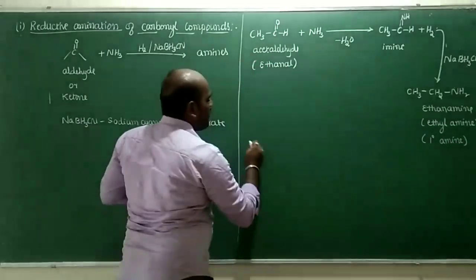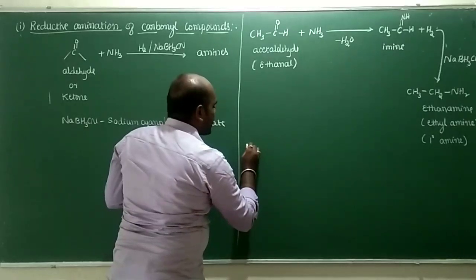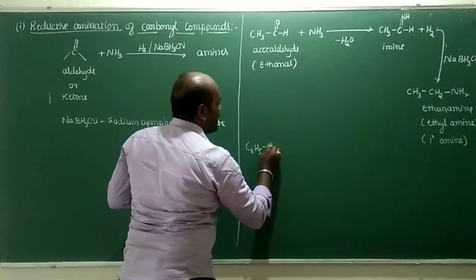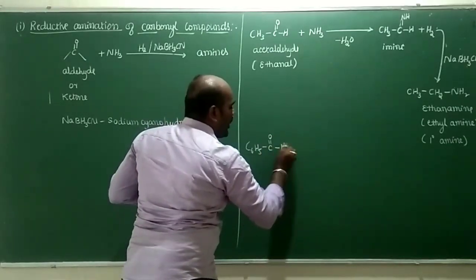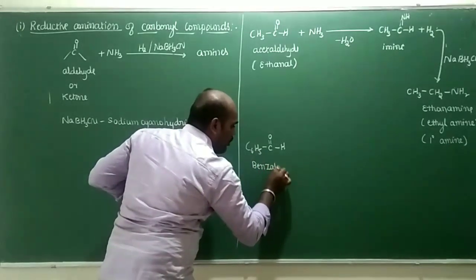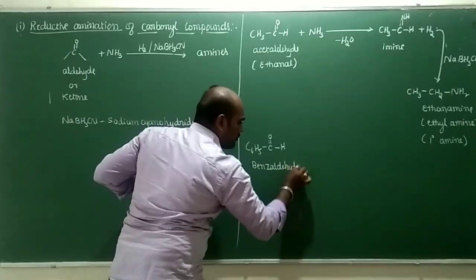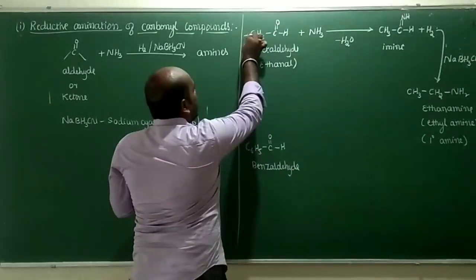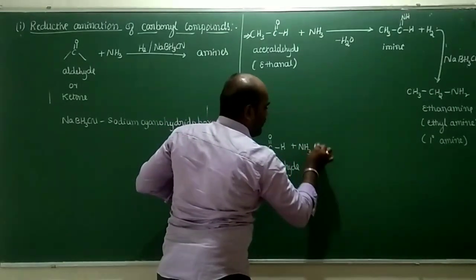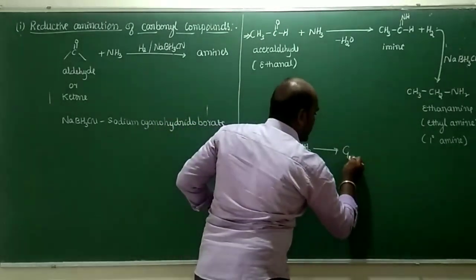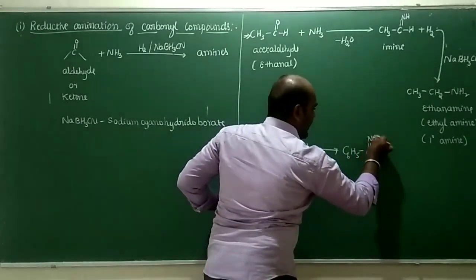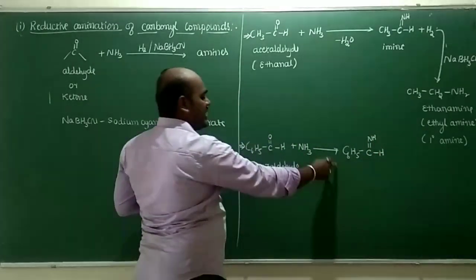So we can go with one more example. Let us consider C6H5CHO. Here we have taken benzaldehyde, an aromatic aldehyde. When benzaldehyde is first reacted with ammonia, it will result in the formation of C6H5CH=NH, benzyl imine.